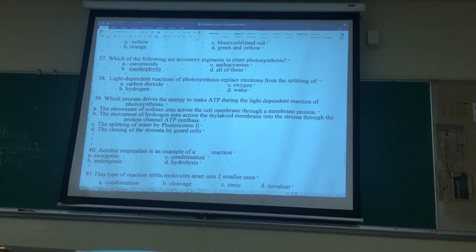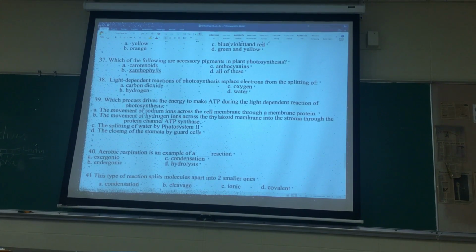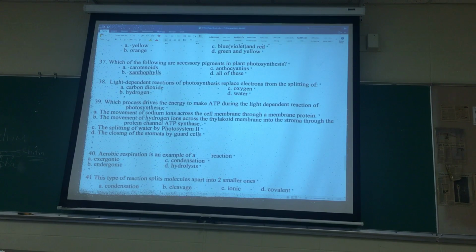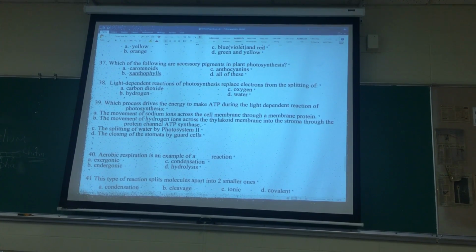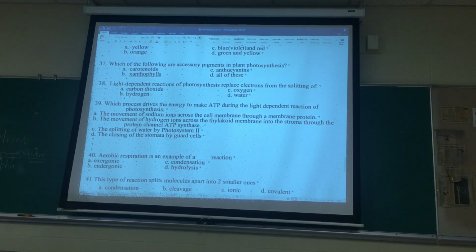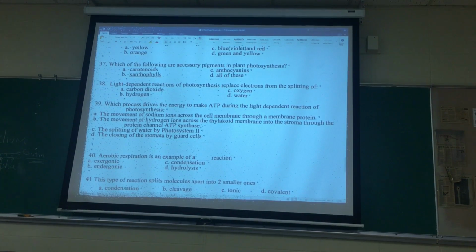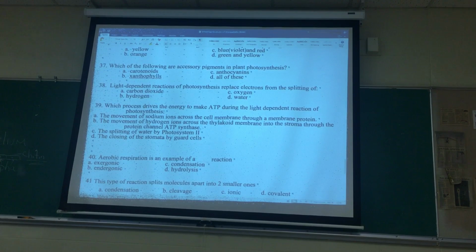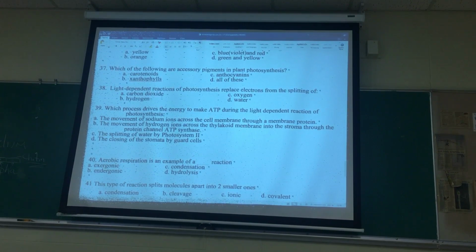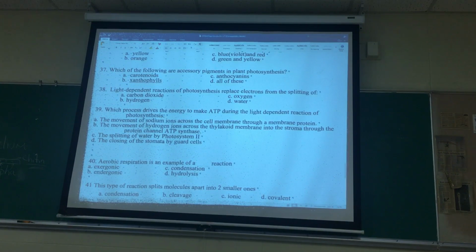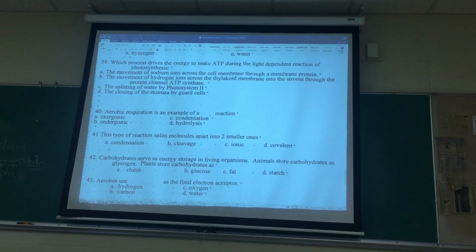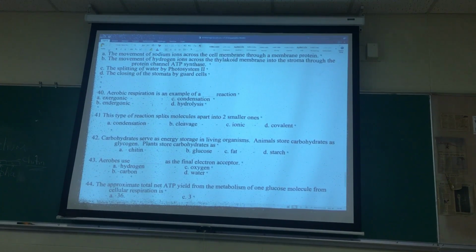In light-dependent reactions, electrons are replaced by the splitting of water. All right, what draws energy to make ATP? And that's the movement of hydrogen ions across the membrane. Aerobic respiration is an example of an exergonic reaction.